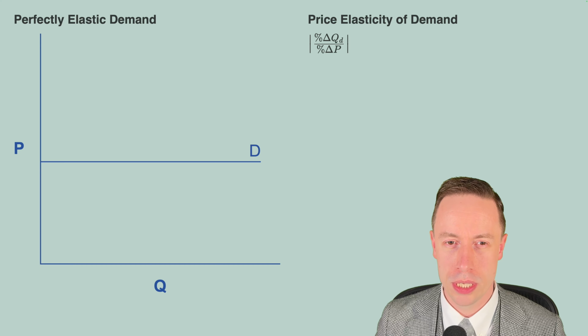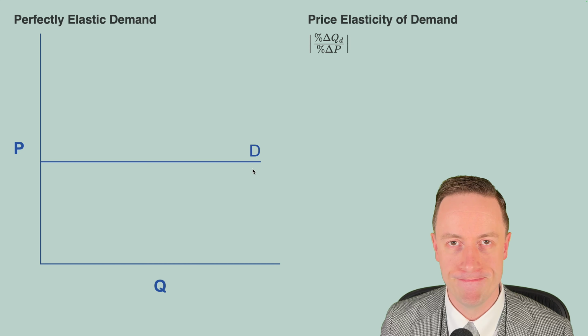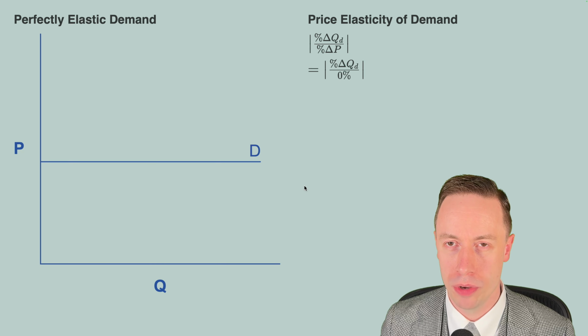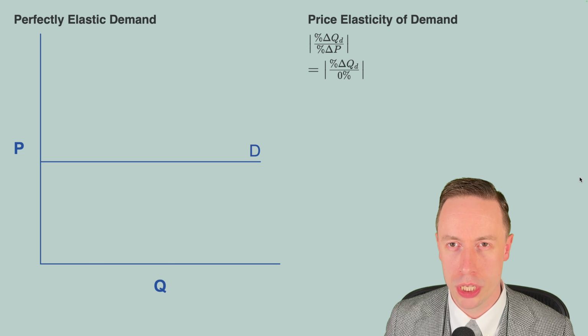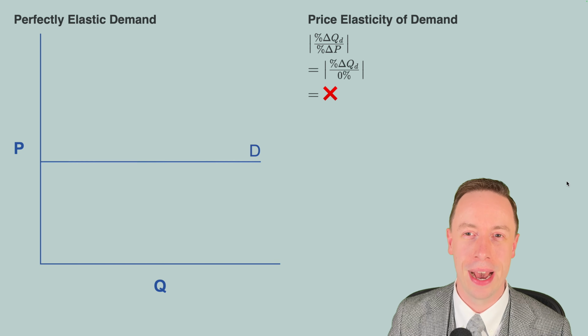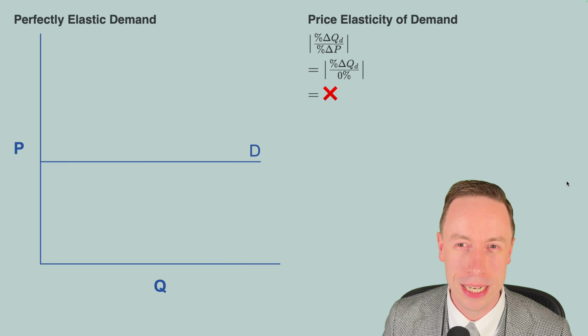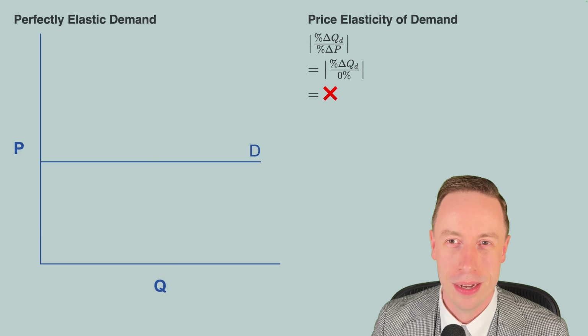Well, what's our percentage change in price along a horizontal line? Nada. We've got a 0 down there in our denominator. So what's a percentage change in quantity divided by 0? Trick question. You can't do that. That's an undefined number, right? Nope, that's just out of the question.